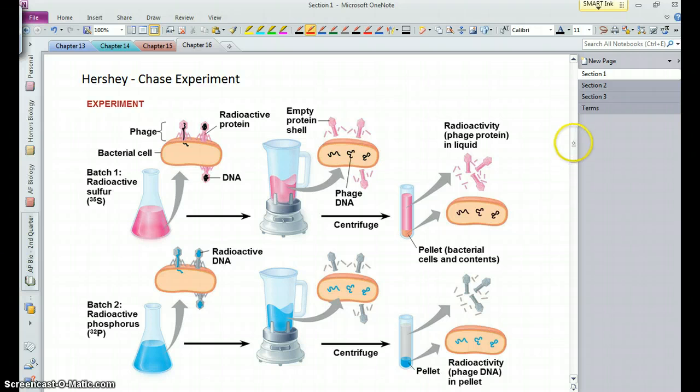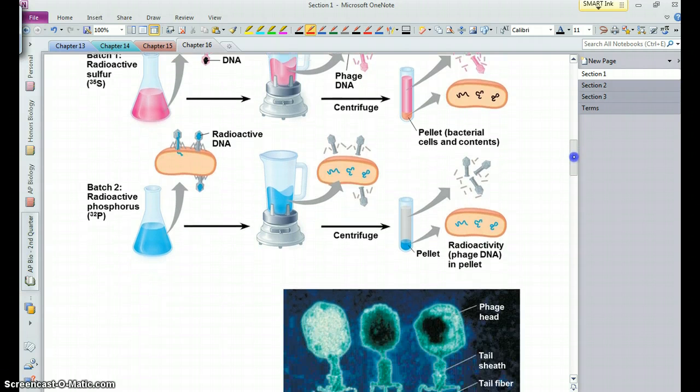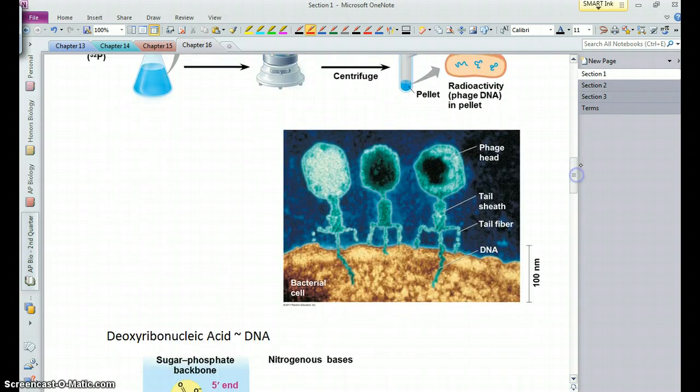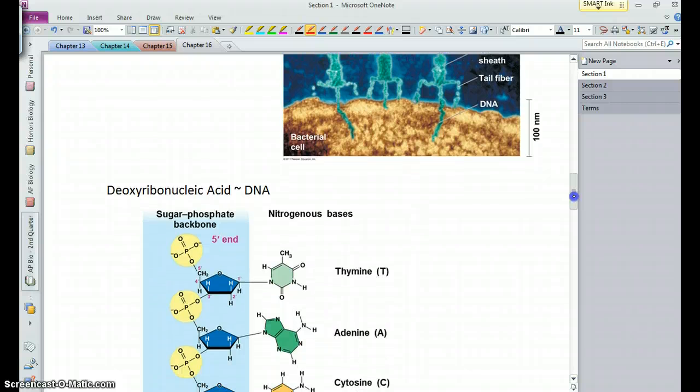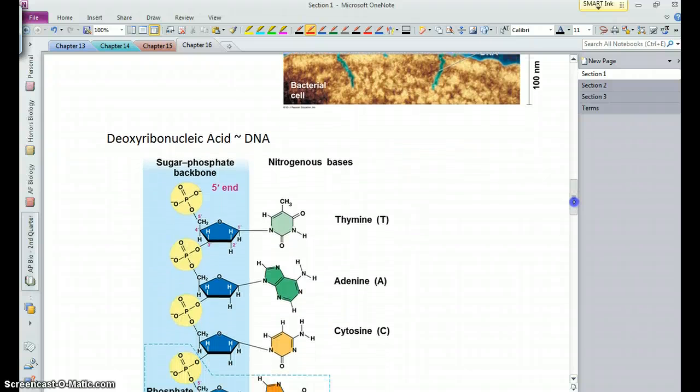So again, DNA having a very important role there. And here's an electron microscope picture of some of these phages, these robotic looking viruses infecting their host there. So these experiments are demonstrating the importance of DNA.